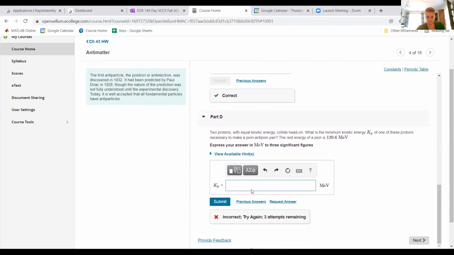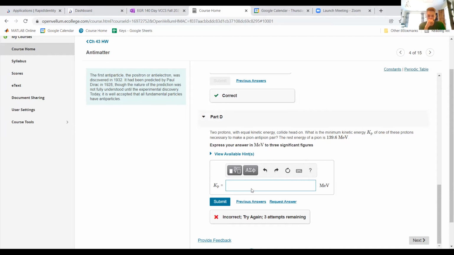Two protons with equal kinetic energy collide head on. What is the minimum kinetic energy, K, of one of these protons necessary to make a pion-antipion pair? The rest energy of a pion is, oh good, they gave you the number. Okay, so they're asking what is the minimum kinetic energy. So total energy must be conserved.